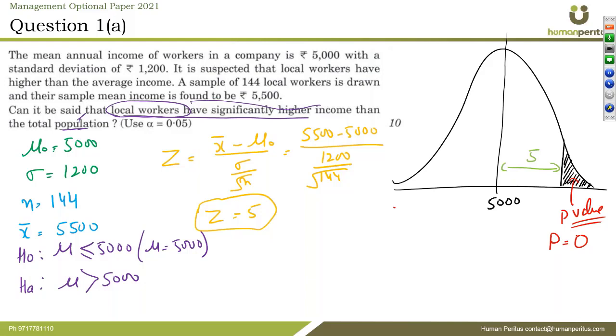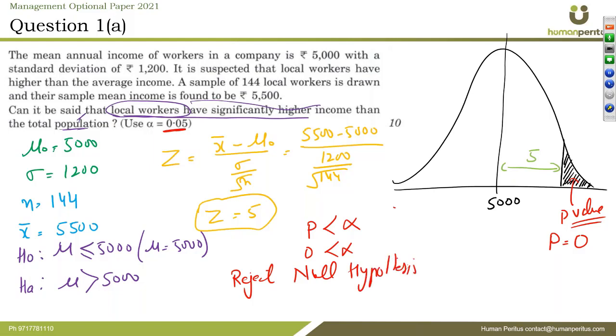अब हाइपोथेसिस में हम क्या करते हैं, हम लोग चेक करते हैं कि if my p is less than alpha, alpha is what, level of significance 0.05. So मेरा p 0, क्या मेरा अल्फा से कम है, which is 0.05? Yes. So because my p value is less than level of significance, therefore my decision is to reject the null hypothesis.